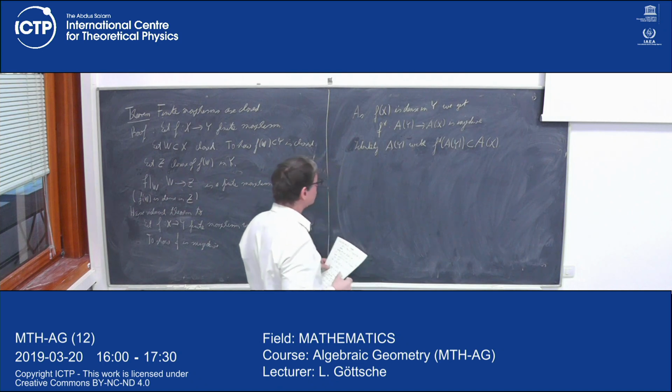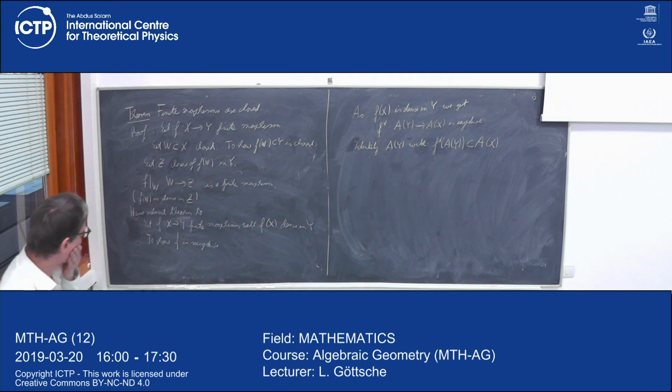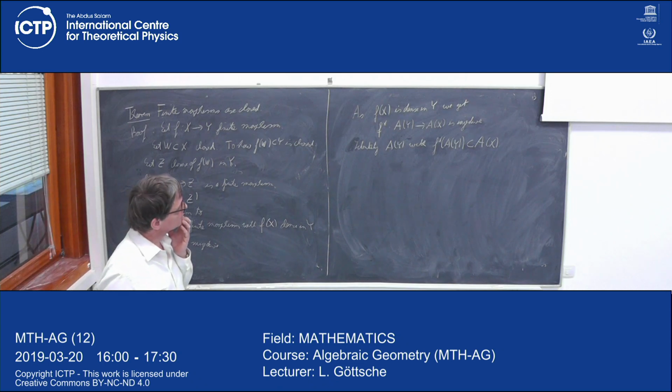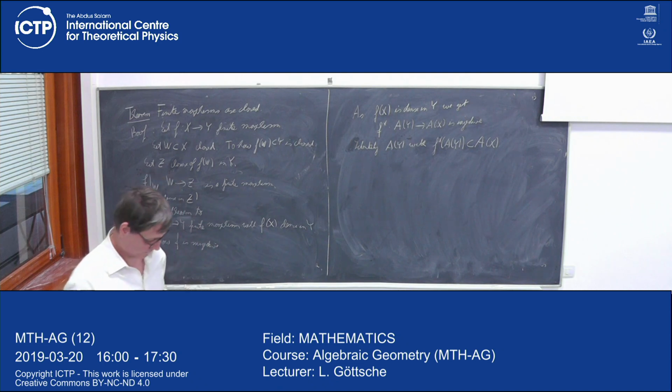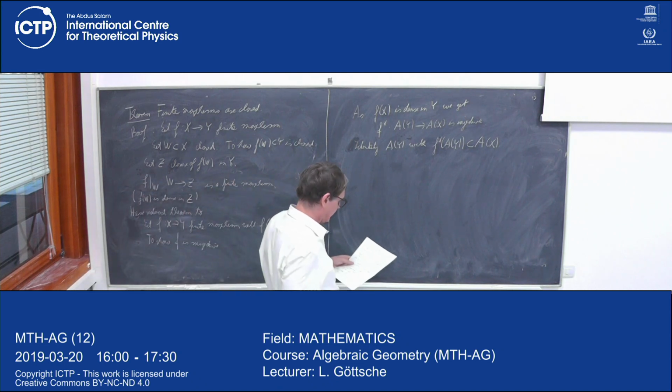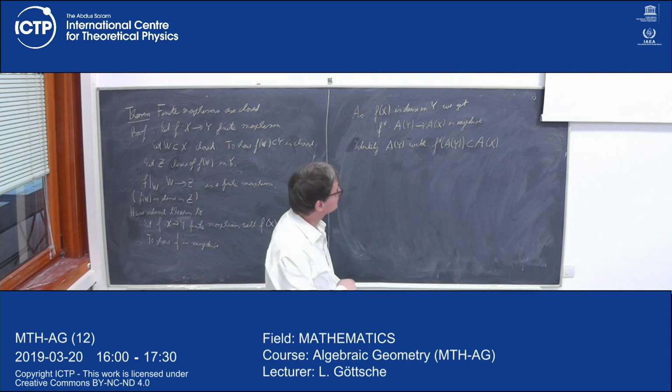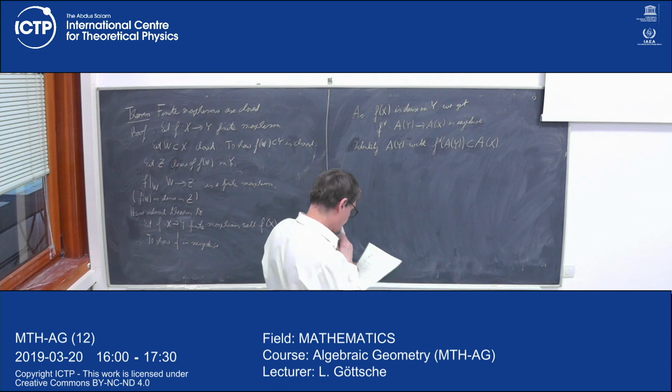So now we somehow have to see how we can prove that this map is surjective from this assumption. Well, we just pick a point in Y, and we have to find that it is in the image.